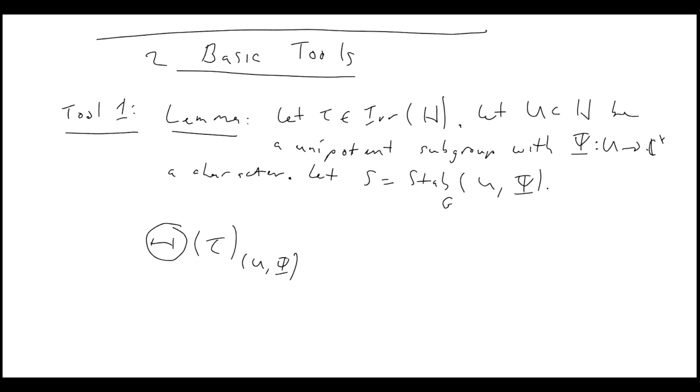The U, we want the U to be inside of G. We're starting out with an H representation, but then a unipotent subgroup inside of G. Okay, now we want to understand big theta of tau. And so one way to do that is to compute various coinvariants. Okay, so we want to understand this thing. We can't get at this directly, but in fact, there's a nice formula for its linear dual.